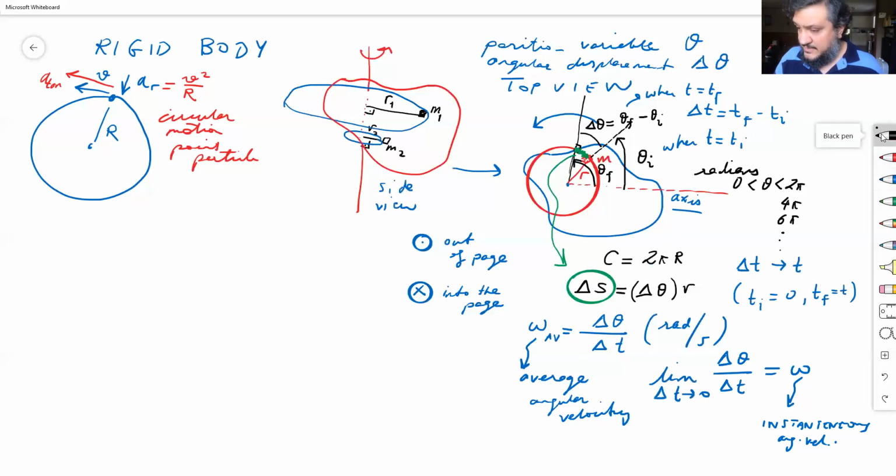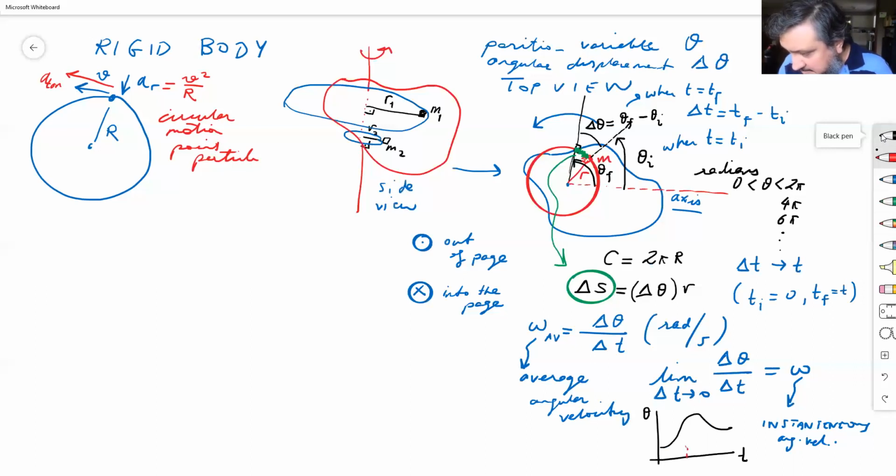So here's your theta as a function of time, some arbitrary function, right? What you want to do is pick a t, that's your instant, let's say this t here.